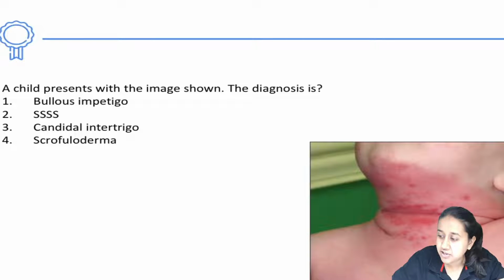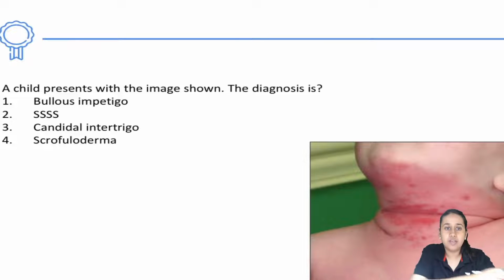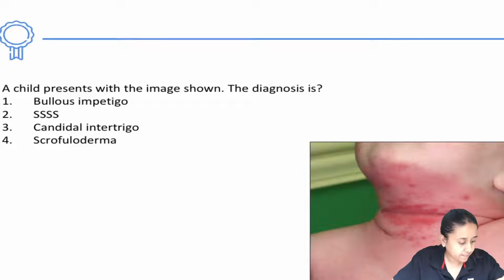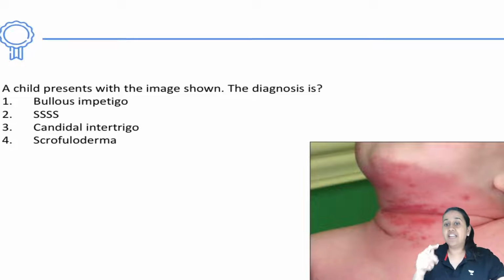Bullous impetigo, staphylococcal scalded skin syndrome, candidal intertrigo, or scrofuloderma? Anyone? Great. Please remember, this is a very classical image showing candidal intertrigo of the neck.